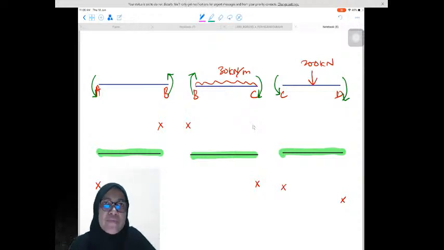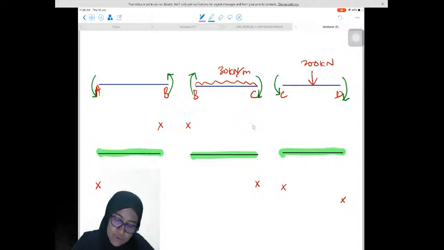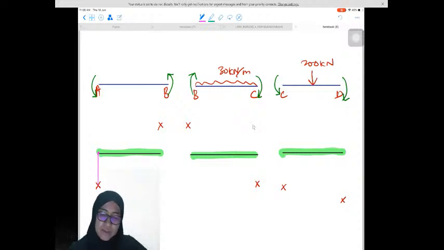Remember that for the diagram, we should start from 0 and end at 0. Start from 0 means here is 0. This is 0. Join with this one.